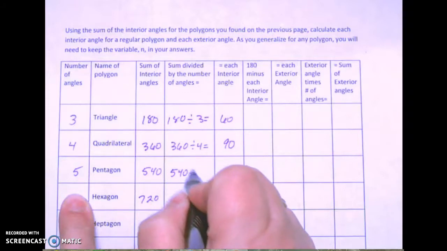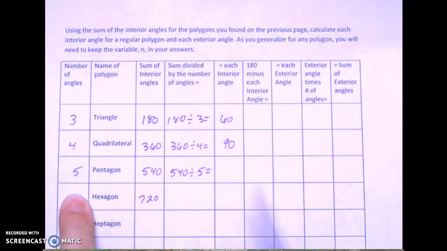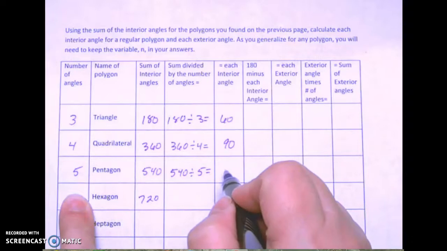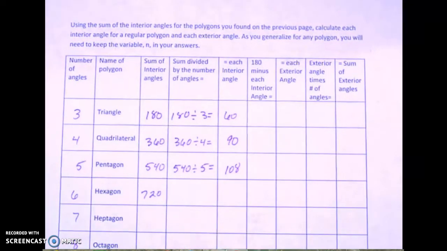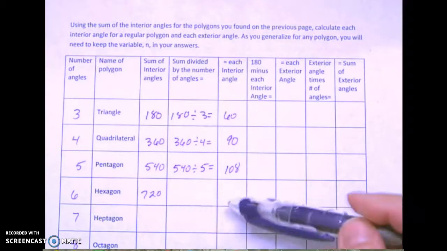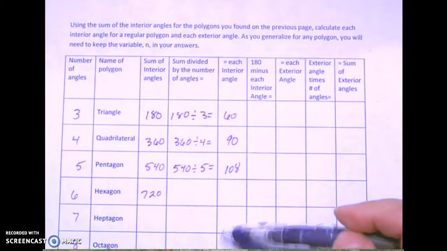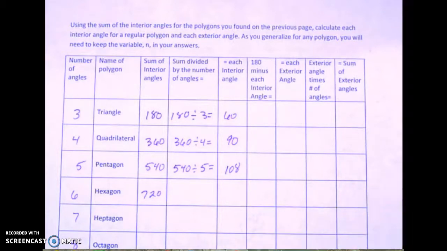So notice that my numbers are changing here as I'm working my way around my problem. That's how you're going to find your interior angles. You've got an equation column and an answer column. Finish off those columns for your hexagon, heptagon, octagon, nonagon, and decagon.